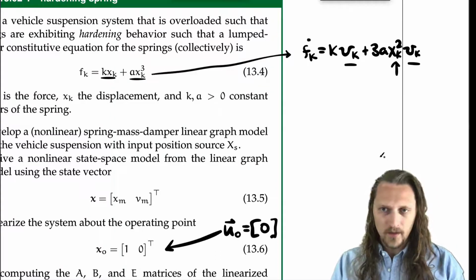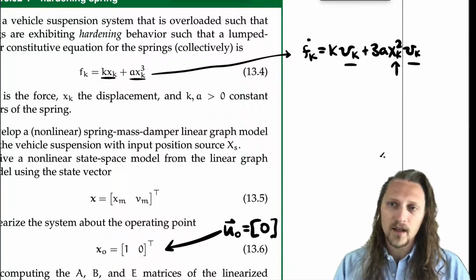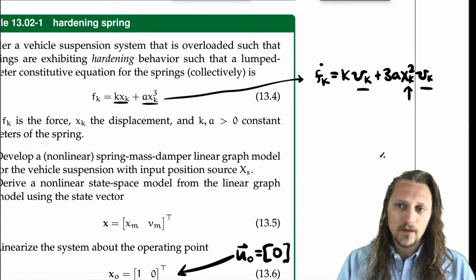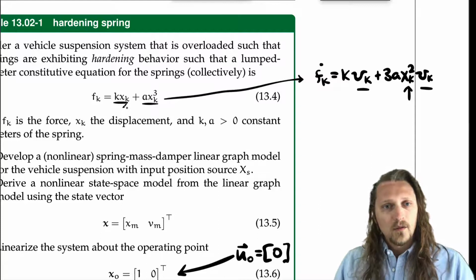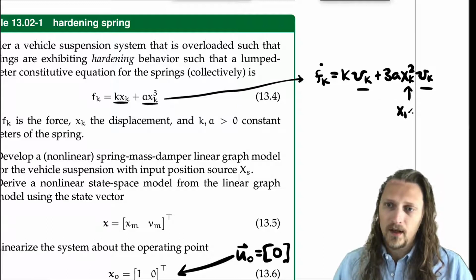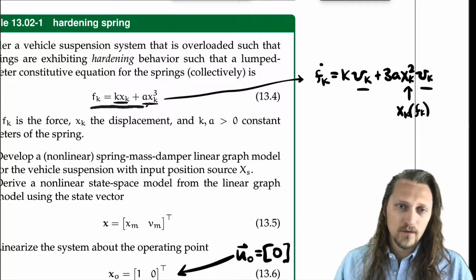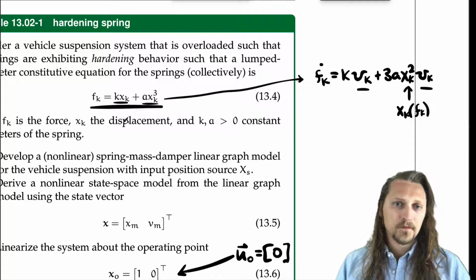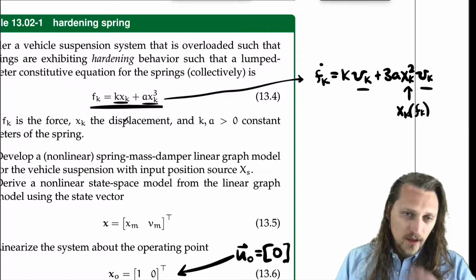And dealing with this xk term is challenging. I think the most promising way to deal with it, if you wanted to do it this way, in our standard formulation, where we would choose fk to be a state variable, we would want to rewrite xk as a function of fk. You can do that if you solve this equation for xk in terms of fk. It's a cubic equation. There are three solutions to it.